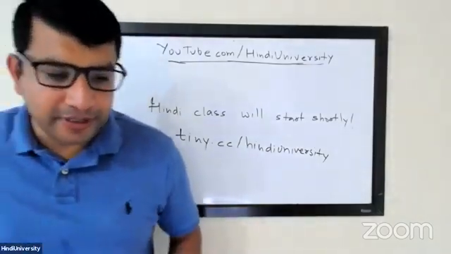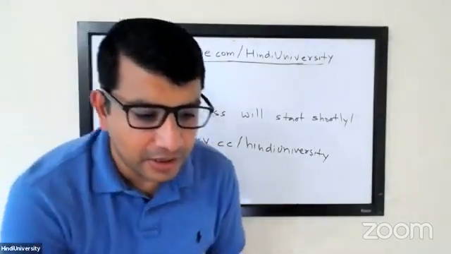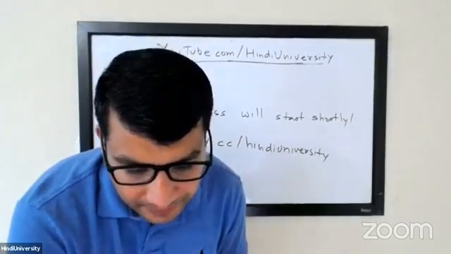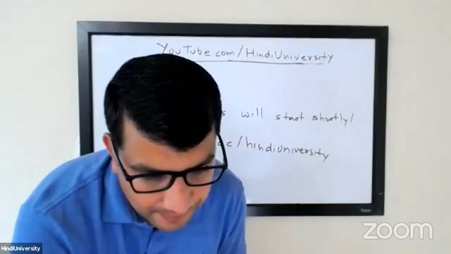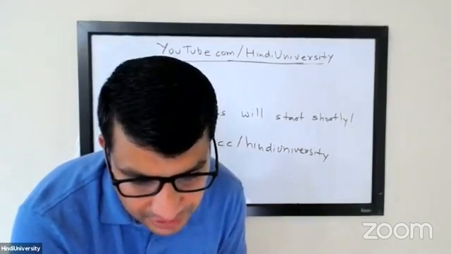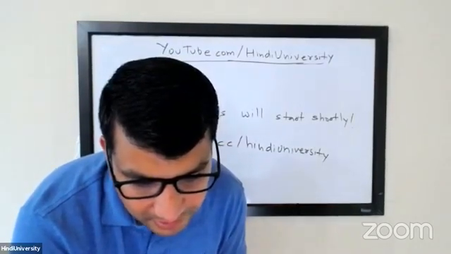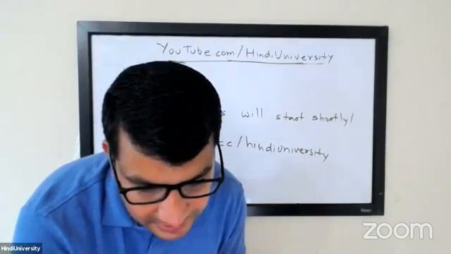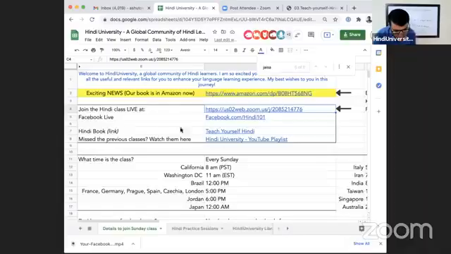Just for a quick recap, because we have new folks joining every once in a while, I'm going to quickly give you a preview of what the page looks like. Let me share my screen. When you go to this page, you will find how to join the Sunday classes.